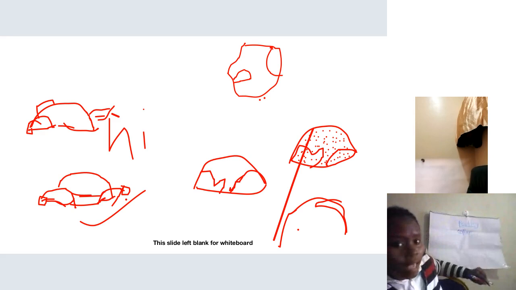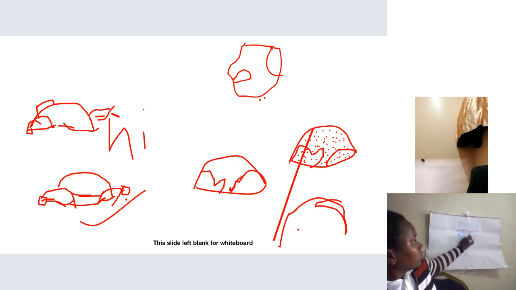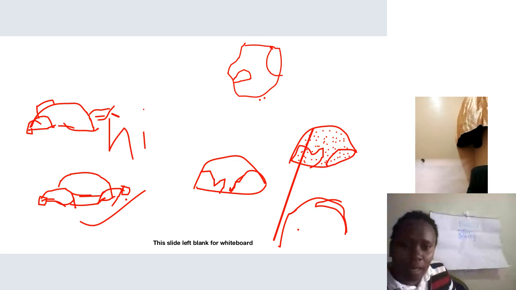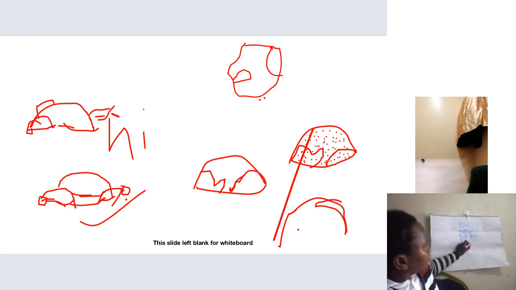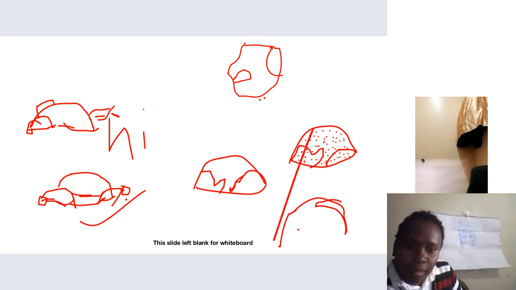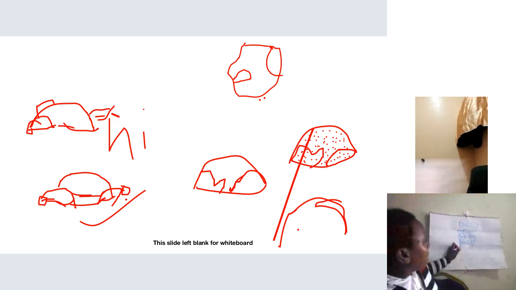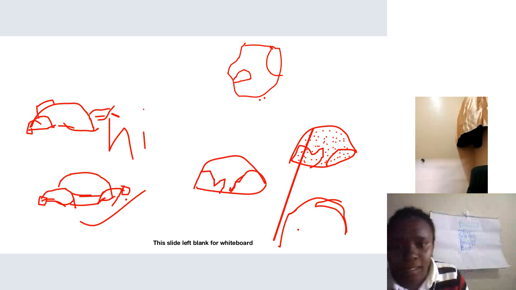And then we have streaky. We also have streaky bacon. We also have rindless bacon. And then we also have back bacon. Okay. Now, with that, I'll leave you to look for the fifth one.